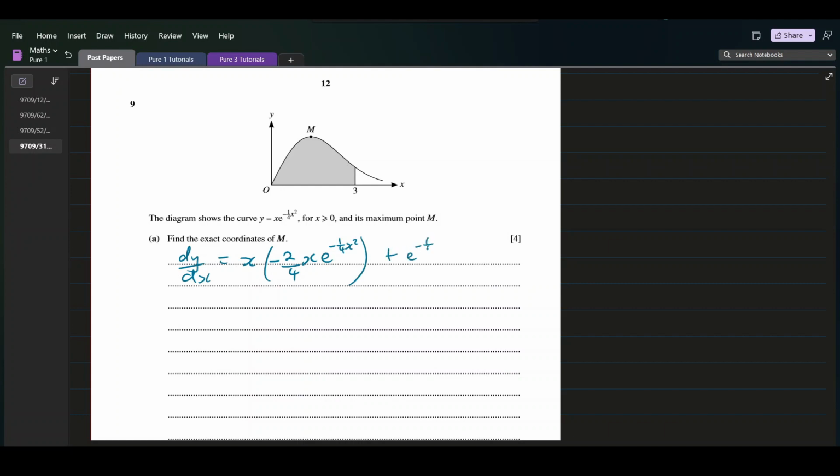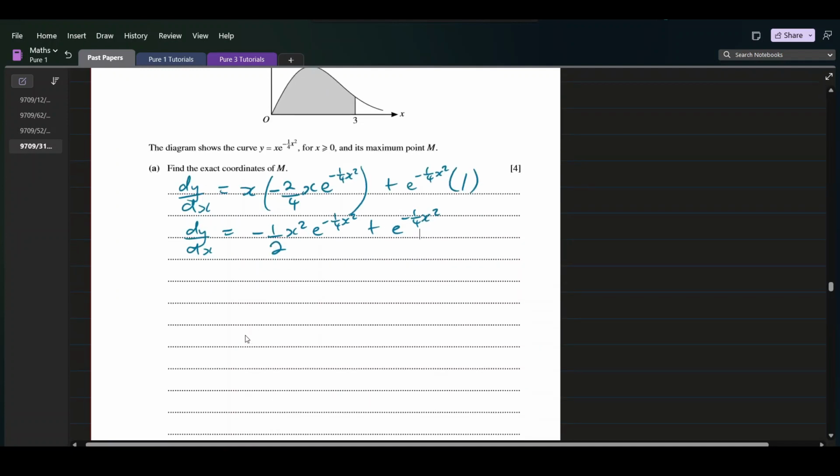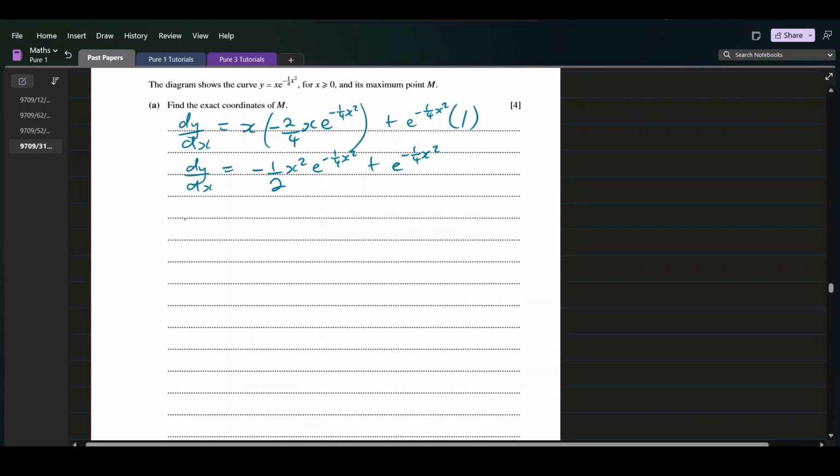let's hold the e to the negative 1 over 4 x squared and now differentiate the x. So that's 1. And so dy dx is equal to, if we simplify this, negative 1 over 2 x squared e to the negative 1 over 4 x squared plus e to the negative 1 over 4 x squared. And now let's factor out e to the negative 1 over 4 x squared.